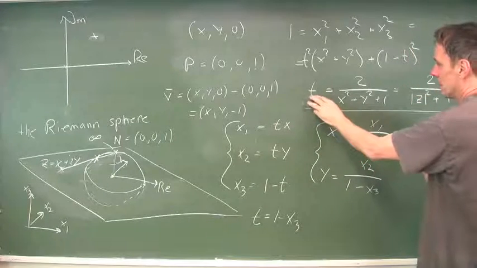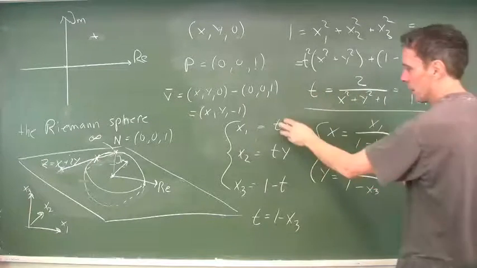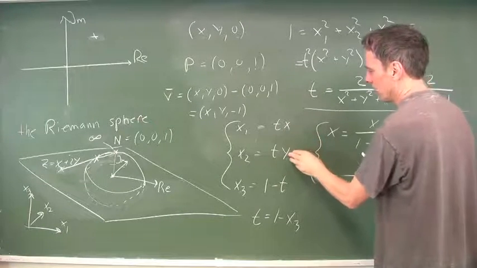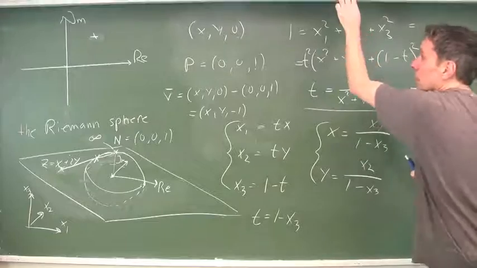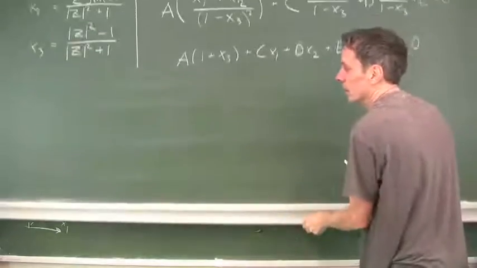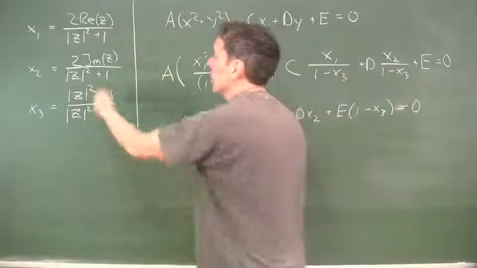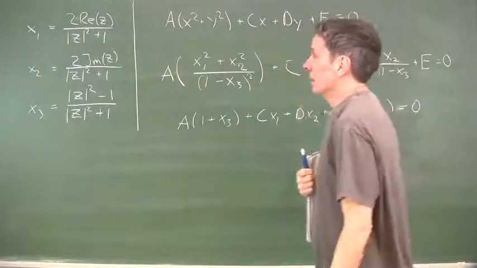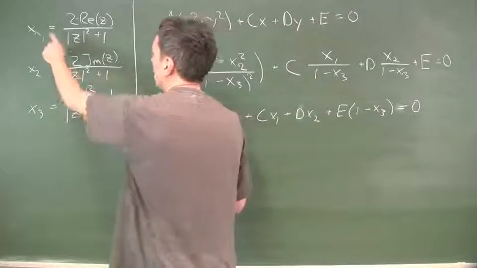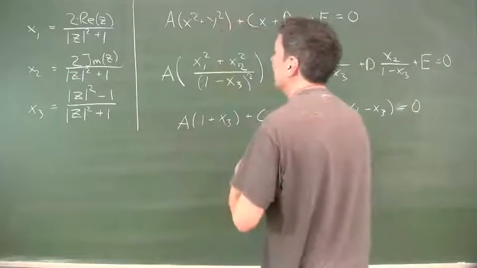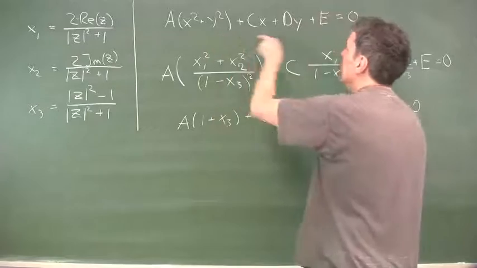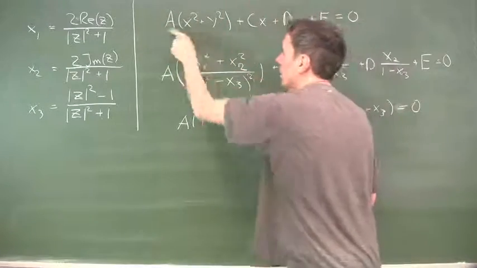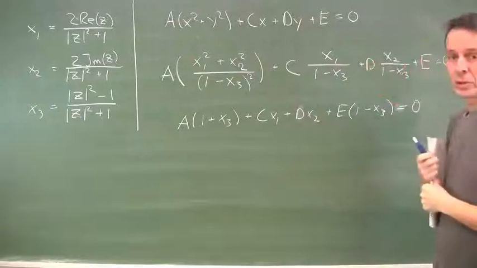So if we take t here and insert this expression here, and note that x is equal to the real part of z and y is equal to the imaginary part, then we get these equations. And then we note also that in the plane, this equation gives a common form for both lines and circles. Why is that?